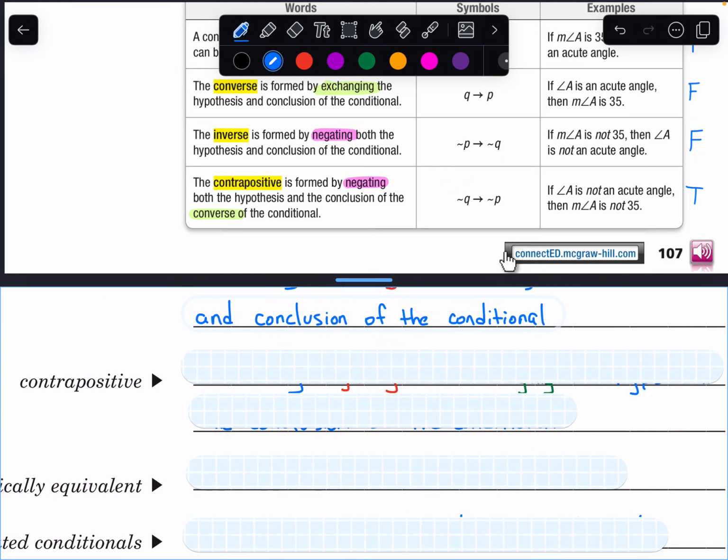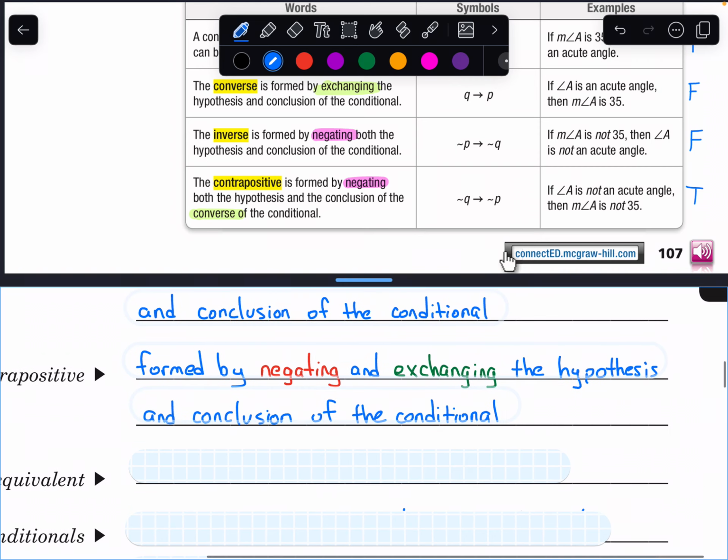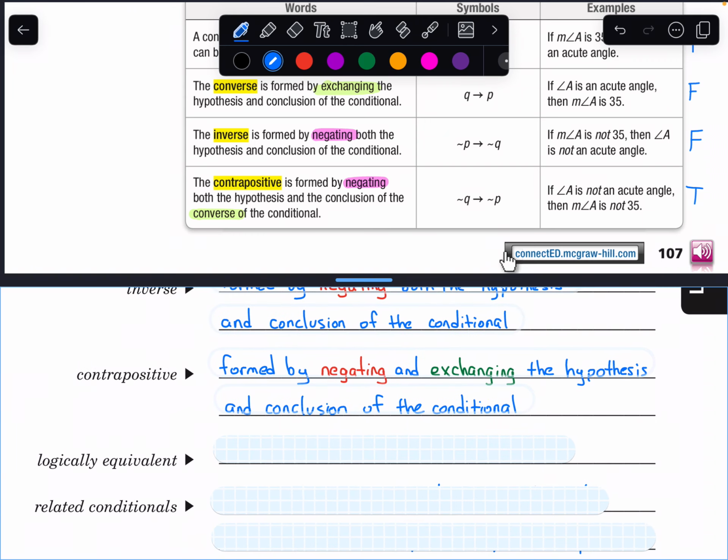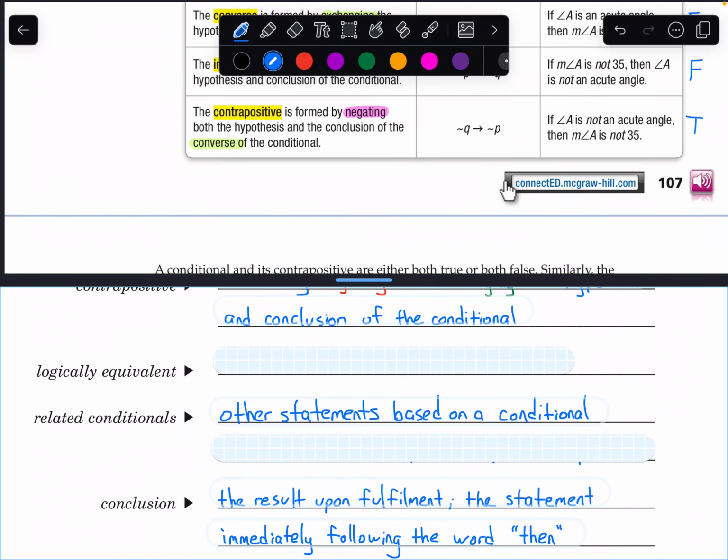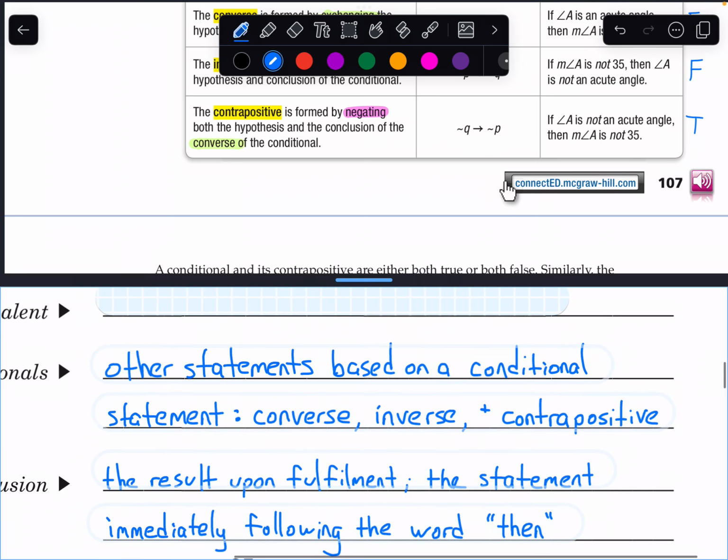And the contrapositive is formed by both negating and exchanging the hypothesis and conclusion of the conditional. And these are the related conditionals: other statements based on a conditional statement, including the converse, inverse, and contrapositive.